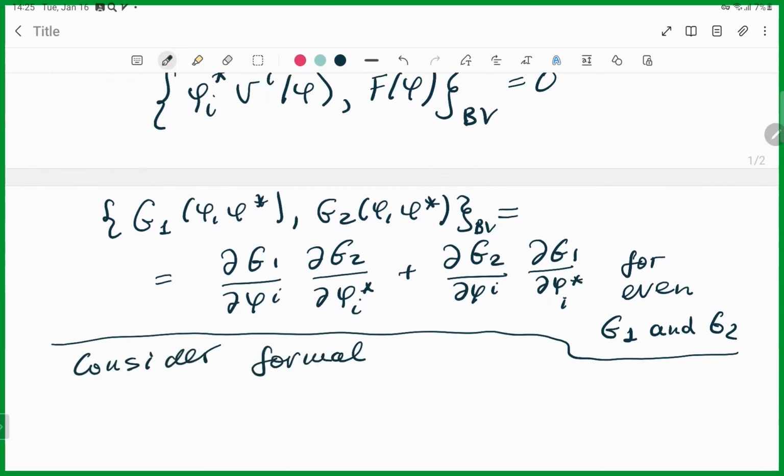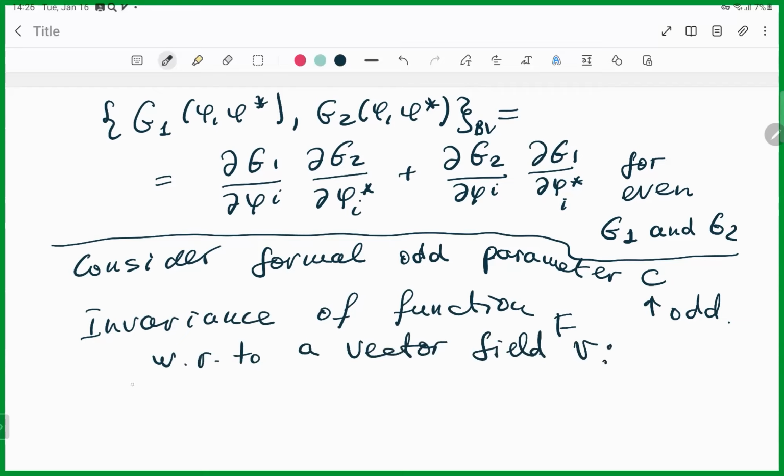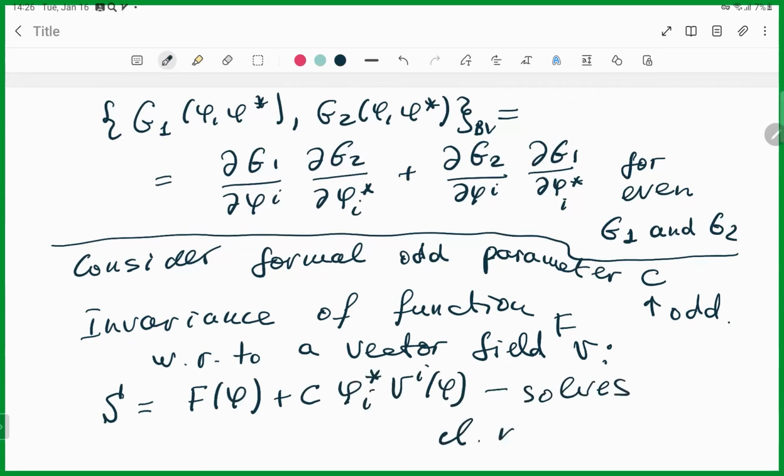Consider a formal odd parameter C. Then invariance of function f with respect to a vector field V could be expressed as follows. We would say that S equal to f of phi plus C phi star I V I solves the classical master equation.